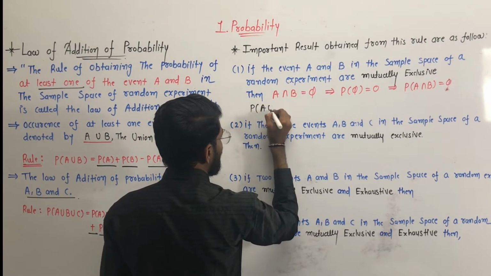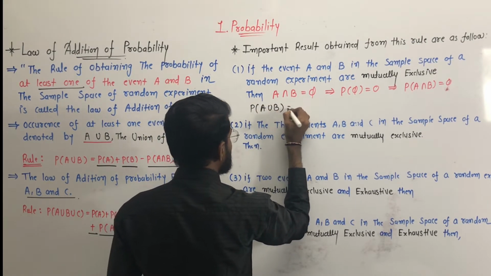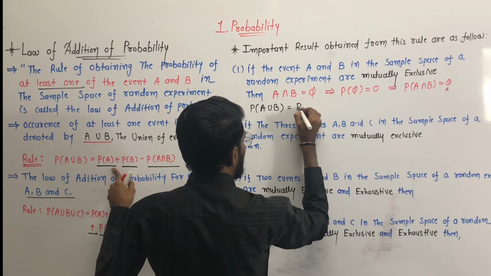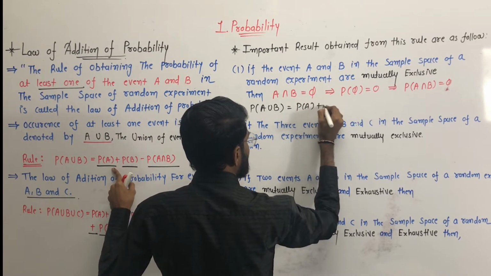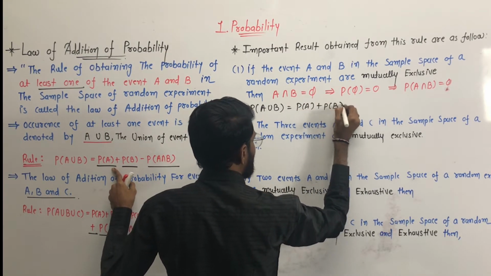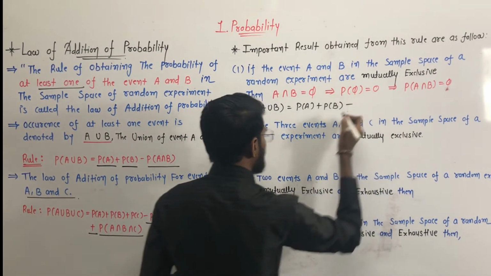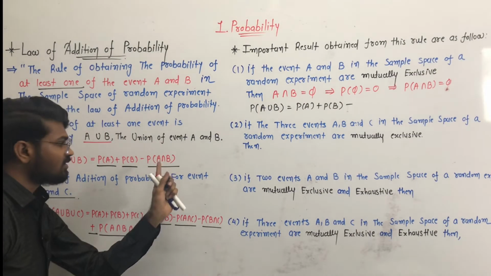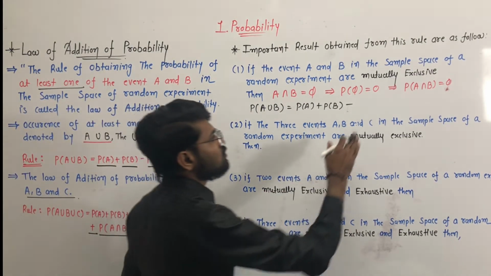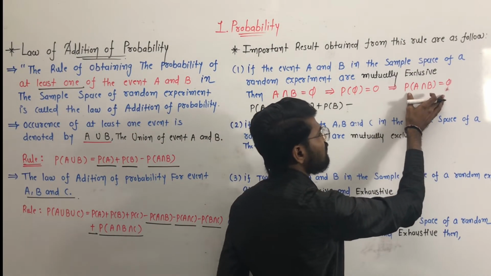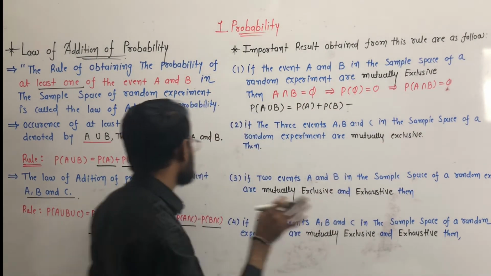Then the equation will be P of the union of A and B is equal to P of A plus P of B minus the probability of the intersection of events A and B. But for mutually exclusive events, the probability of the intersection of A and B is equal to 0.